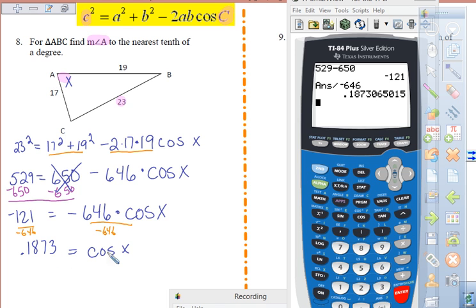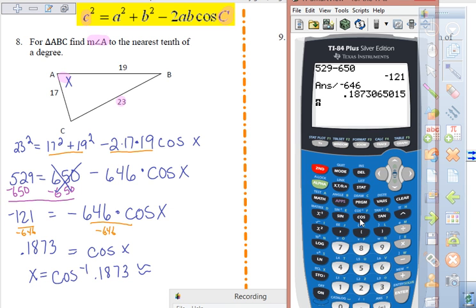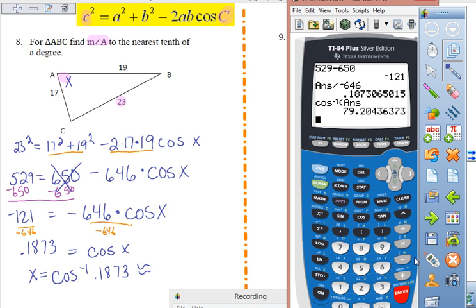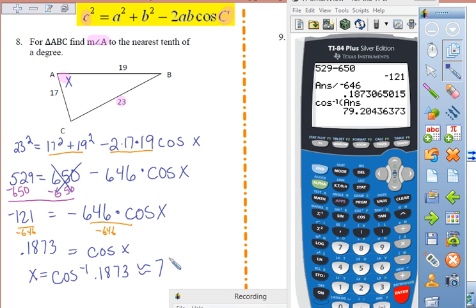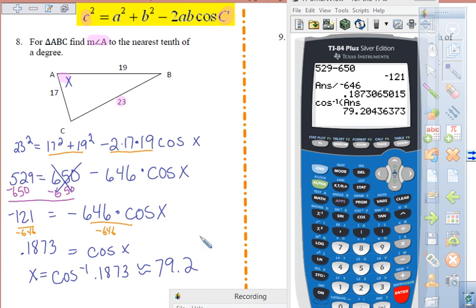And now to get rid of the cosine, we want to do the inverse cosine of that. So that gives the answer of 79.2. And remember, I'm showing every step of work under the sun. You don't need to show everything unless you need to.